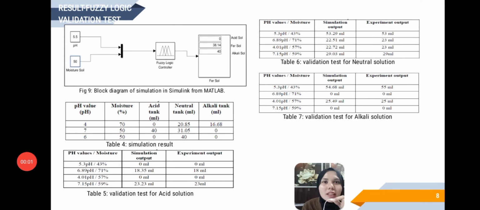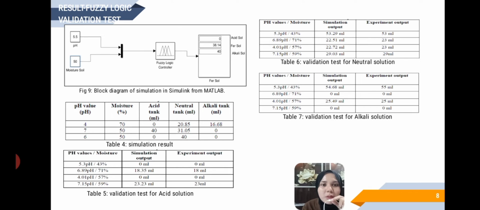Okay, next for the fuzzy logic validation test. Figure 9 shows the block diagram of the simulation in Simulink from MATLAB. The simulation result is tabulated in Table 4, and the validation tests for acid solution, neutral solution and alkali solution are tabulated in Tables 5, 6 and 7.